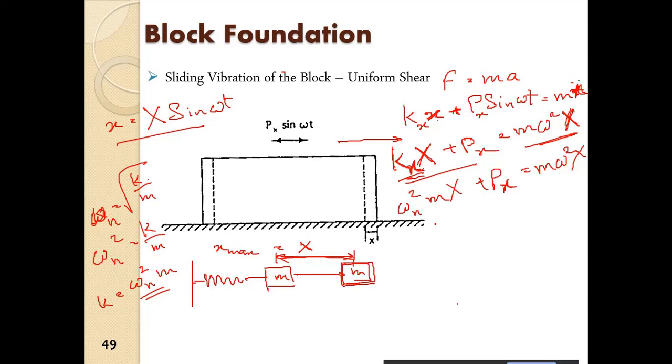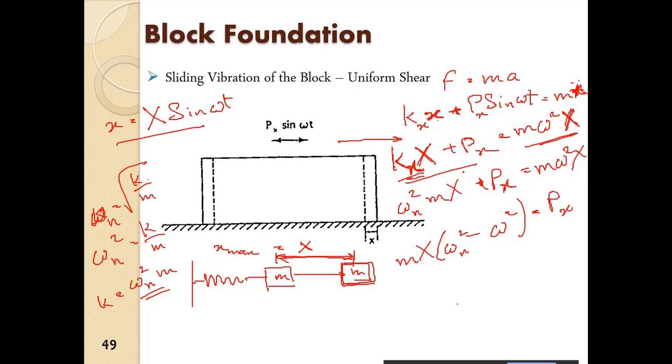Okay, so ultimately, p naught we will take to that side, and we have m x, so m into x we can take out, omega n square minus omega square, equal to, actually plus or minus p naught, ultimately this will be p naught.